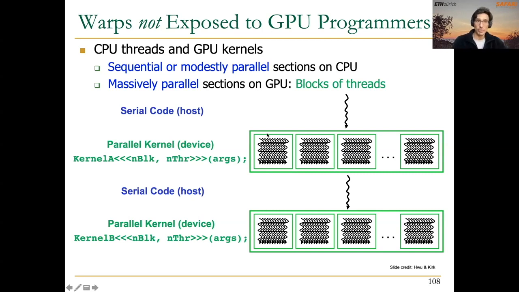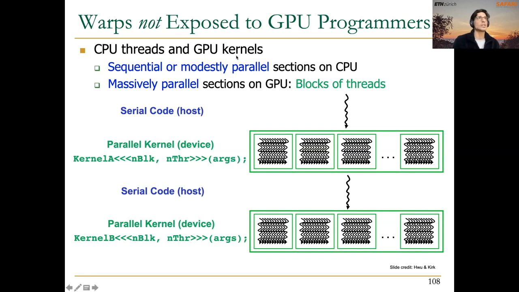You might be thinking about warps, but this is an intermediate software layer, and we call this the thread block. This thread block may have a variable number of threads that the programmer defines, and later the hardware will decompose this thread block into as many warps as needed.